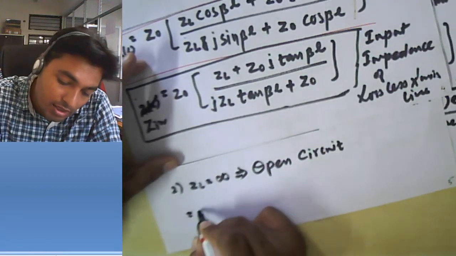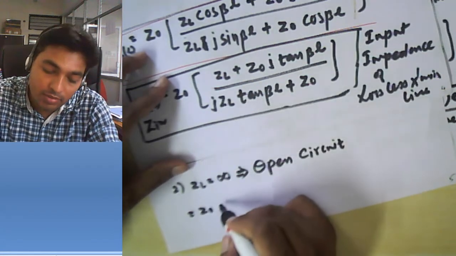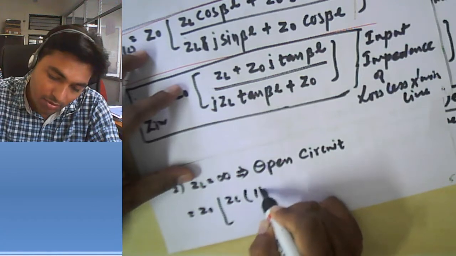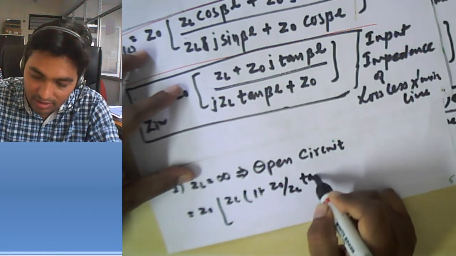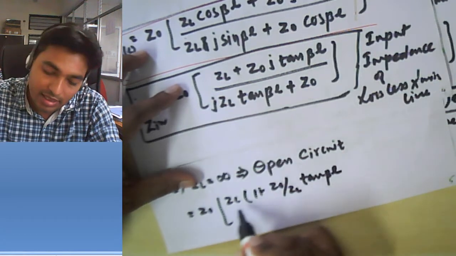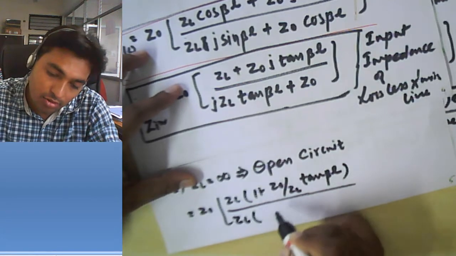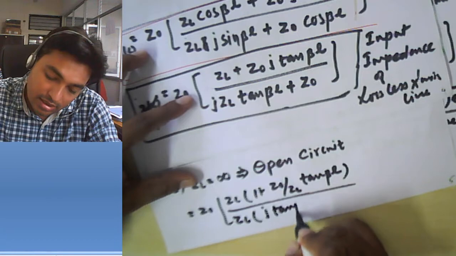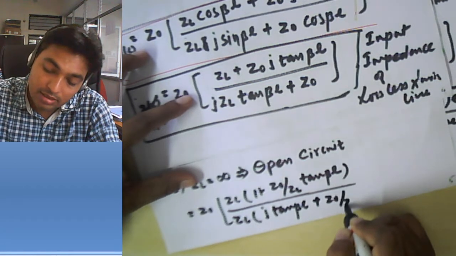We will take ZL common, so it will be 1 plus Z0 divided by ZL multiplied by tan beta L, and in the denominator also we will take ZL common, so this will be J tan beta L plus Z0 by ZL.